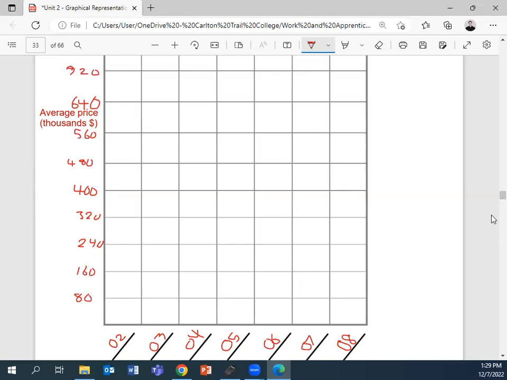Okay, so I'll give you a minute, but eventually this is what it's going to look like. Everyone there? Made their changes. Again, good catch, Steven.